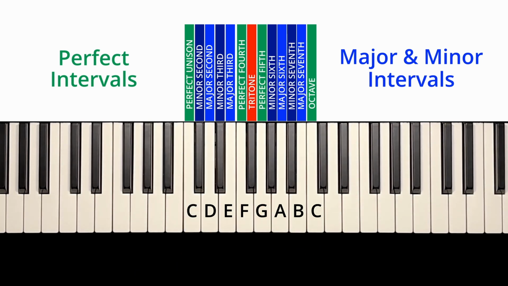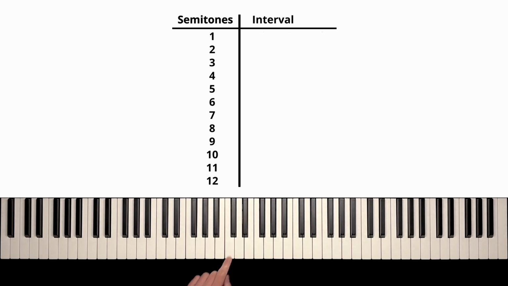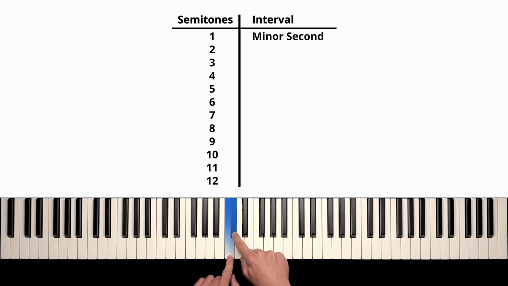Now that we have names for all 12 intervals, let's arrange them by their distance in semitones. A distance of one semitone is called a minor 2nd, or halftone. The next interval, 2 semitones, is called a major 2nd, or whole tone.